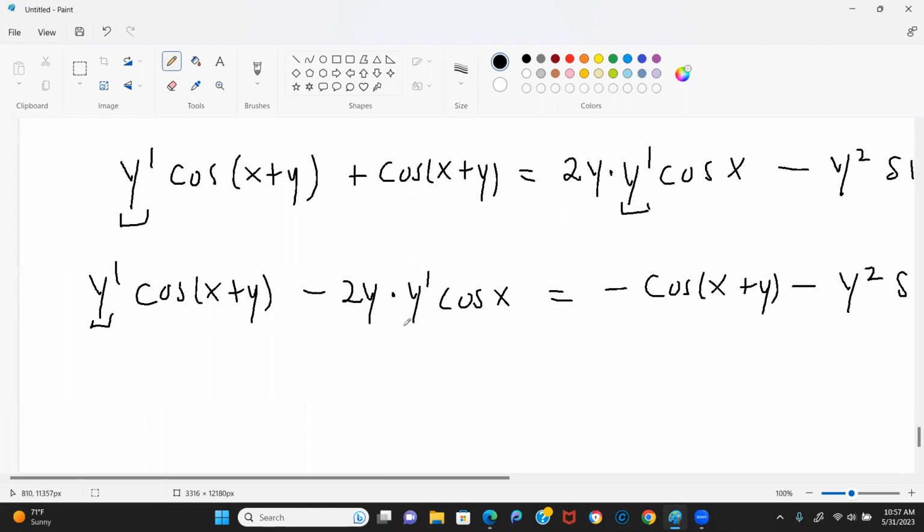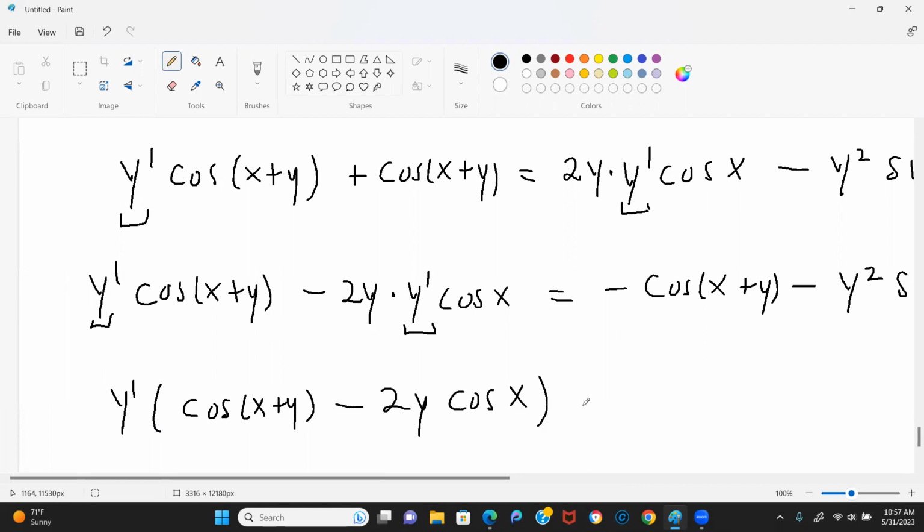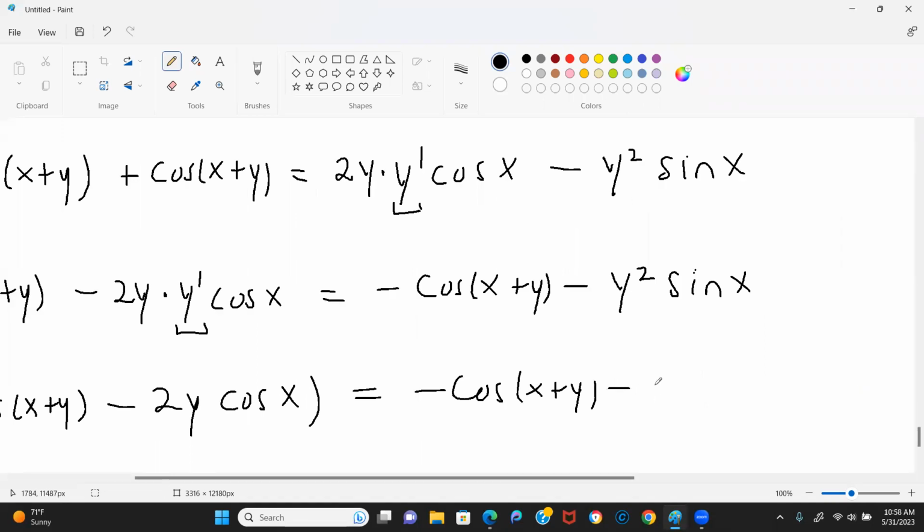And now I factor out the y prime. So y prime times the cosine of x plus y minus 2y times cosine x is equal to all of this. Just copy it down.